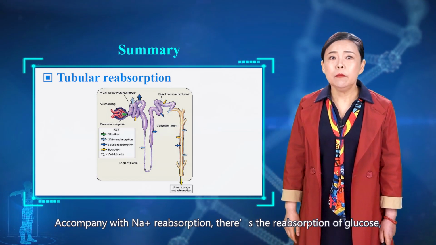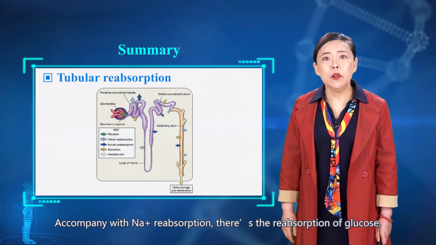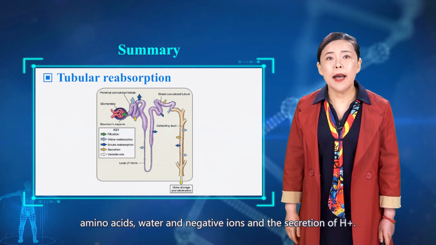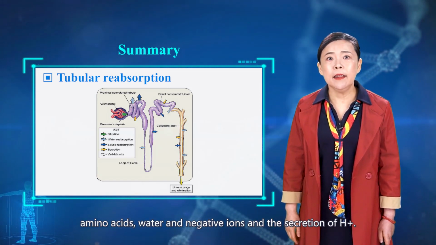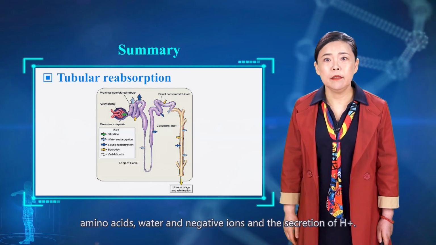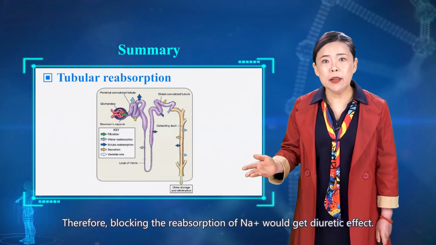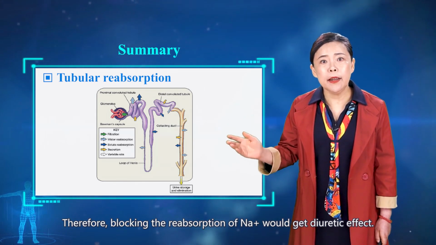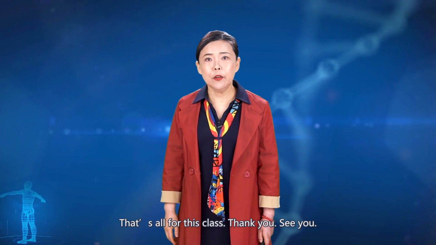Accompanied by sodium reabsorption, there's reabsorption of glucose, amino acid, water, and negative ions, and the secretion of hydrogen. Therefore, blocking the reabsorption of sodium would produce a diuretic effect. That's all for this class. Thank you. See you.